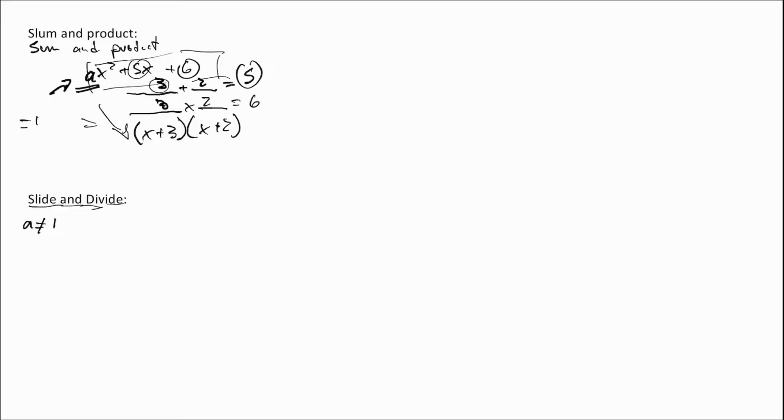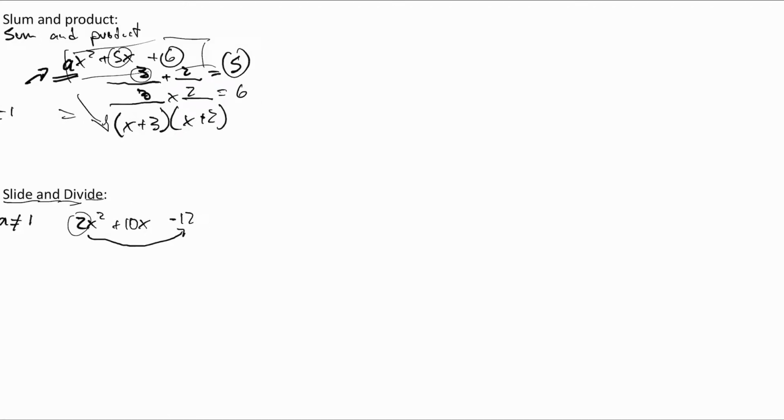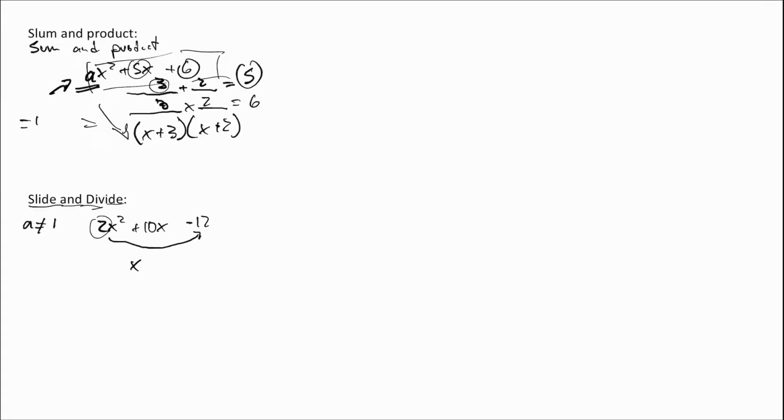So let's say I have an expression here, 2x squared plus 10x minus 12. You see here that a is obviously different than 1. So what I'm going to do is slide a to c, so multiply them, which will get me x squared plus 10x minus 24.